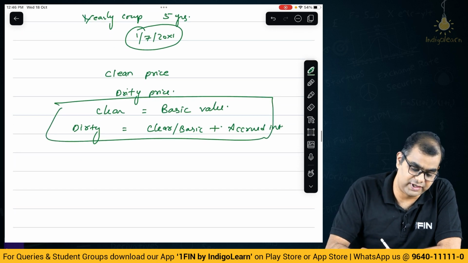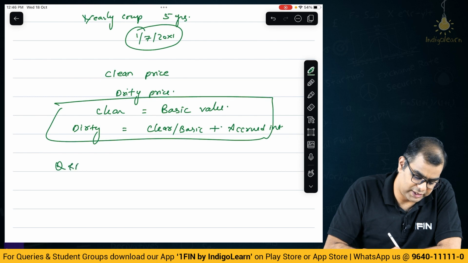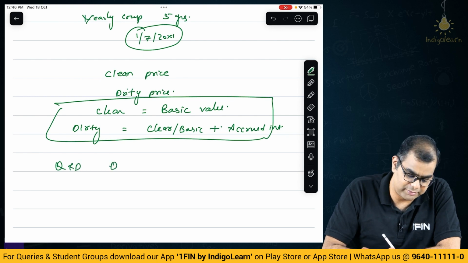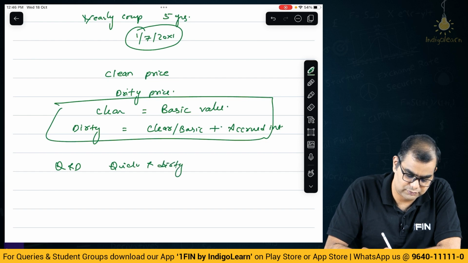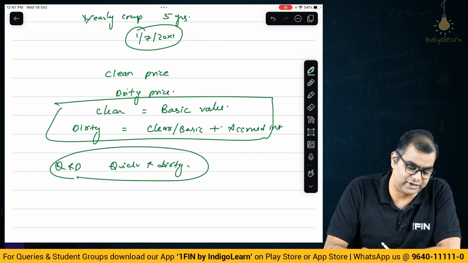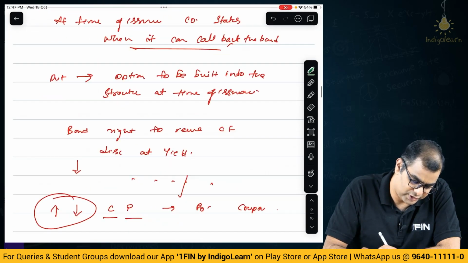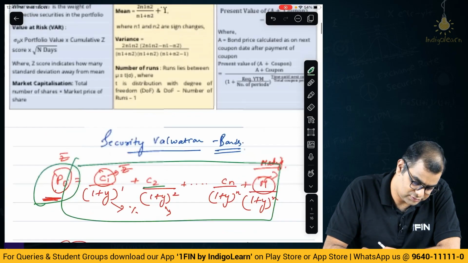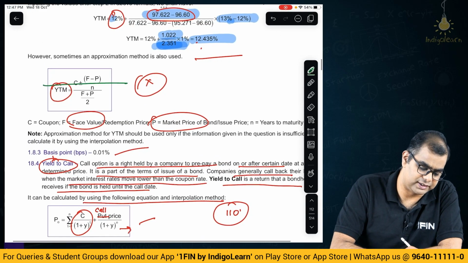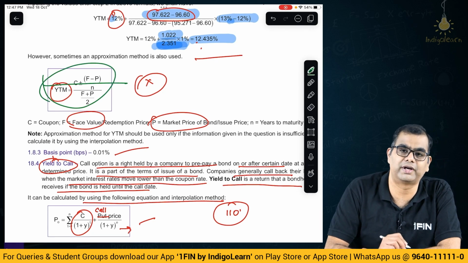And please note, this is very different from something called quick and dirty. There is something called the quick and dirty method. Quick and dirty and this are very different. Quick and dirty is this. Where is that? There was one formula here, no? This approximation method is called quick and dirty.